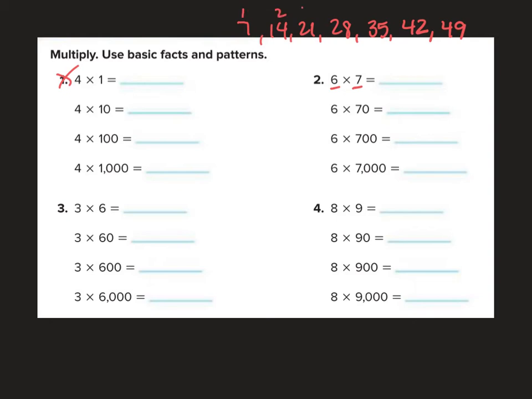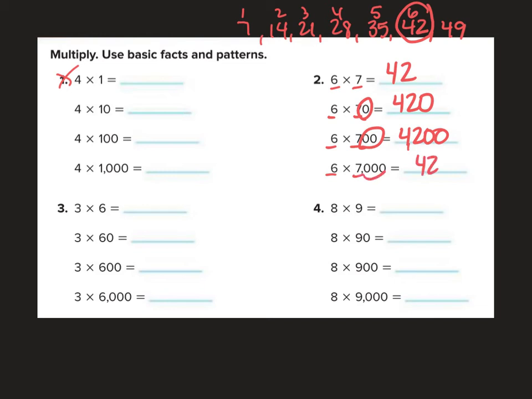Let's see, 1, 2, 3, 4, 5, 6 groups of 7 are 42. 6 times 7 is 42. Add 1 zero: 420. 2 zeros: 4,200. 3 zeros: 42,000.